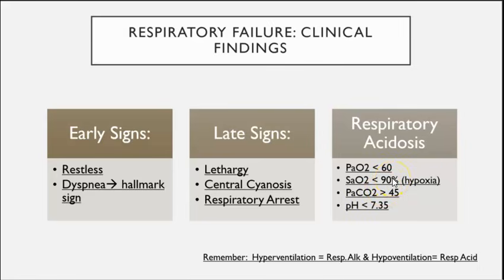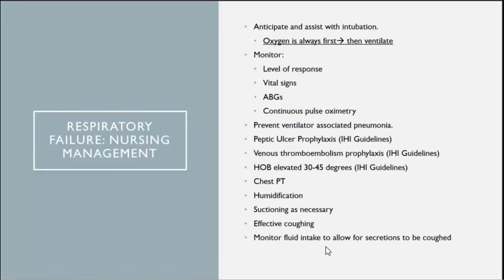Remember, your COPDers can run in the 80s and be fine. Our CO2 is going to be elevated. They're retaining all of that CO2. And then the pH is going to be acidic, so a low pH. So hyperventilation equals respiratory alkalosis, and hypoventilation, which is your respiratory failure, is respiratory acidosis.